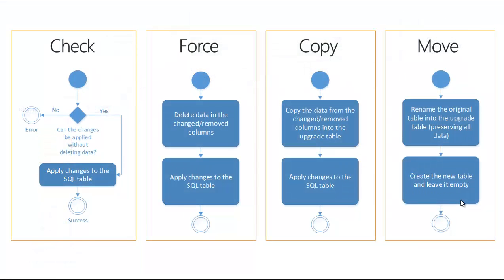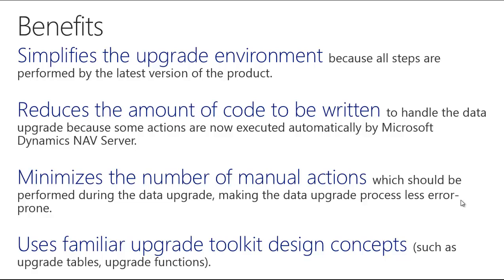So you can see that we have 4 different options to control what we want to do with the data during schema synchronization: check, force, copy, or move. And obvious benefits of this process is, first, it simplifies the upgrade environment. You can see that the entire Upgrade Toolkit Step 1 is actually run in the latest version of the product, so you don't need to run it in the old version and then run it in the new version.